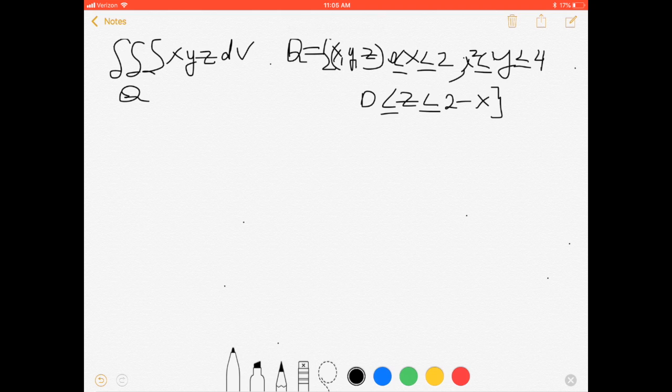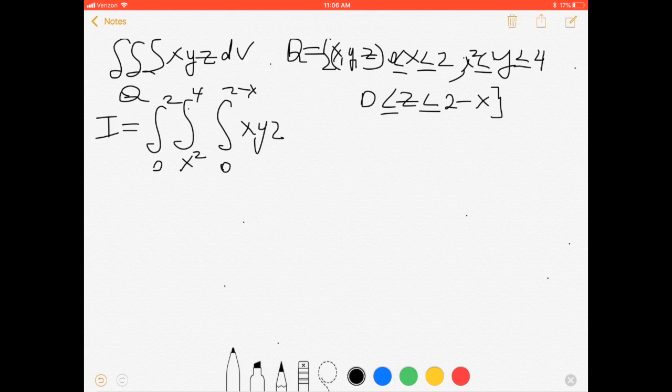Well, first, it's very simple. Write this integral. I'm not writing it every time, I write it like I. It will be the integral from 0 to 2, from x squared to 4, and from 0 to 2 minus x, of xyz.